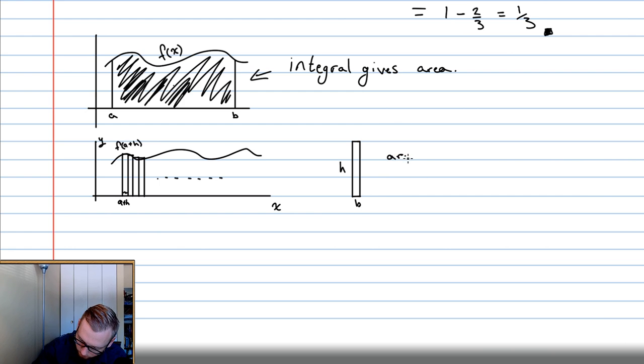The area of the rectangle is just base times height, right? Well, what an integral does is it takes all of them to the point where the base becomes infinitely small. So it gets smaller and smaller until it's essentially not there. And that would give us the exact area of the whole under the curve.